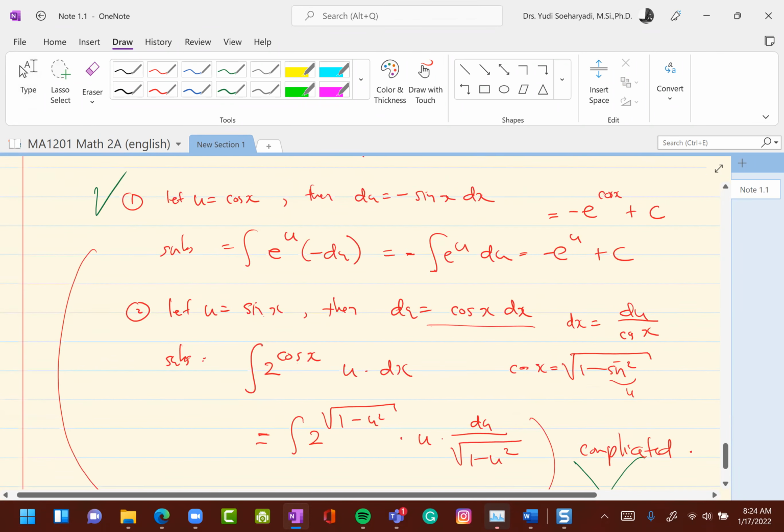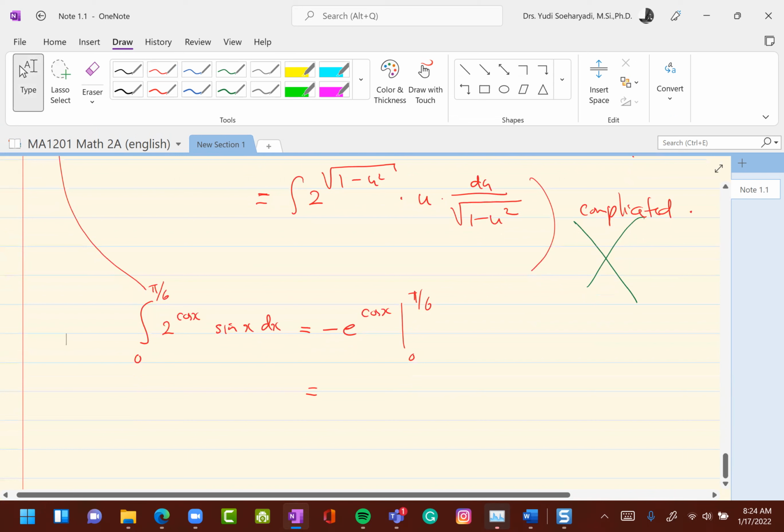Negative e to the cosine x with this boundary. So pi over 6, cosine of pi over 6 is 1/2 square root of 3. If you plug in 0, then it's just 1.